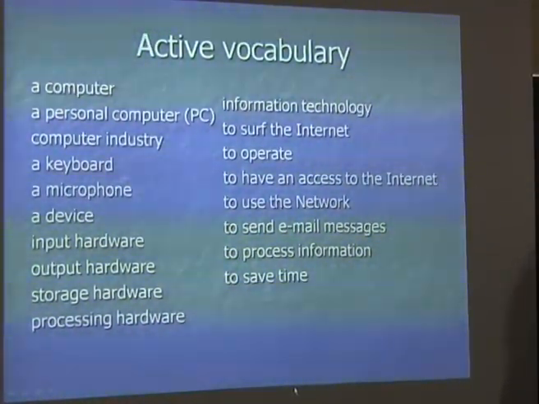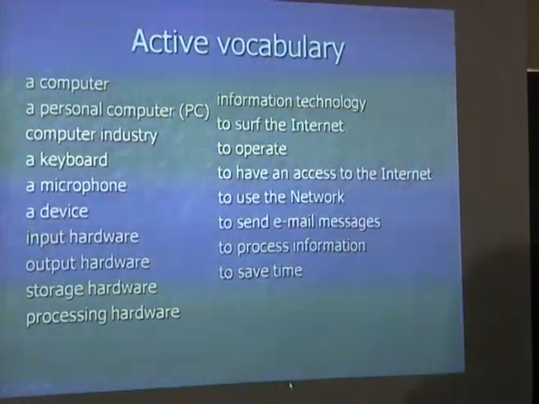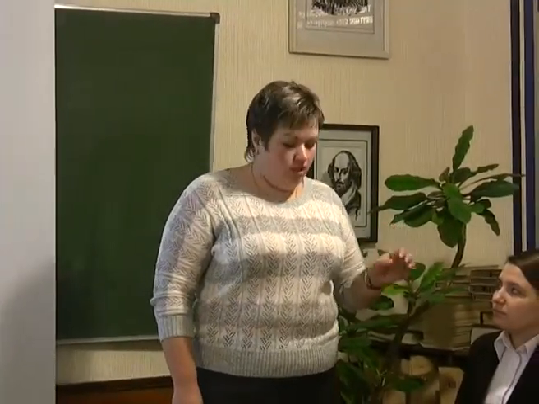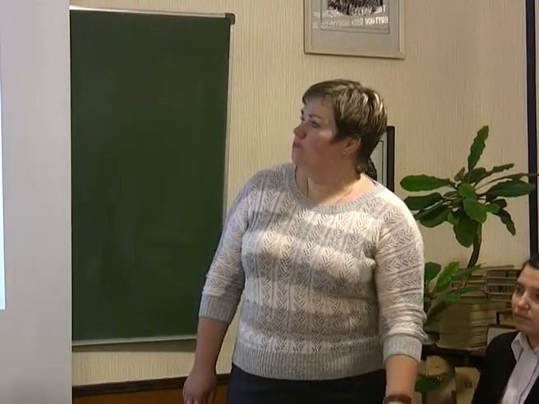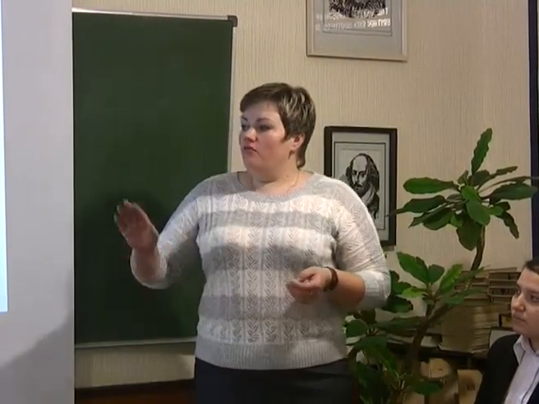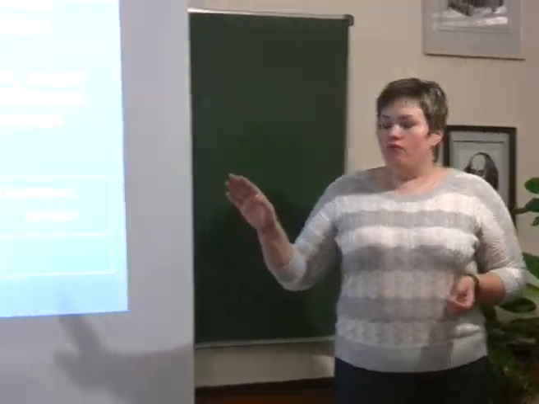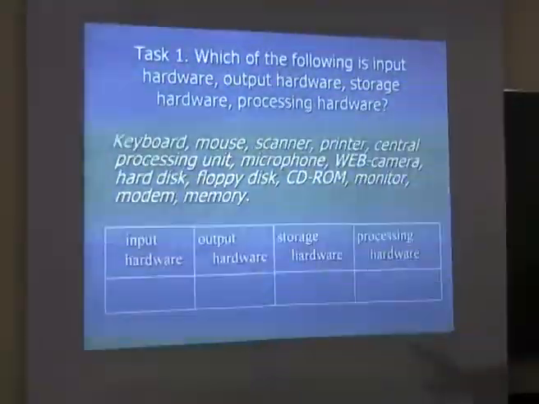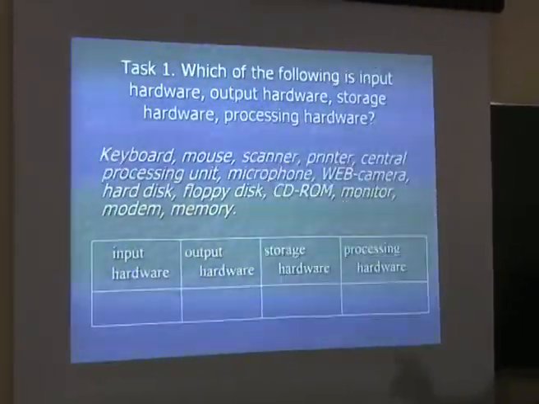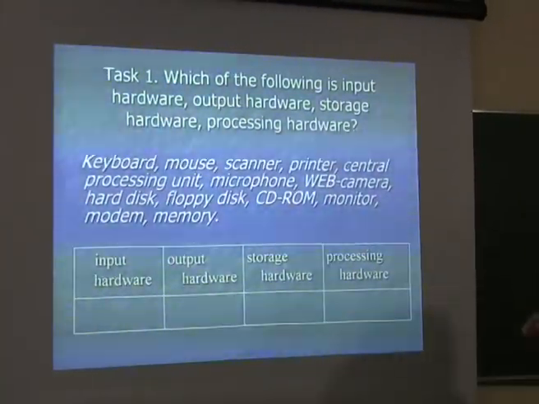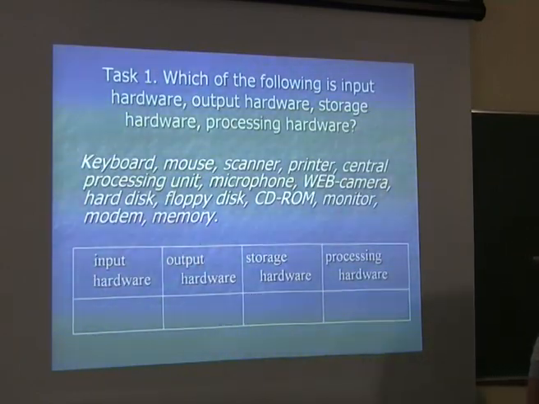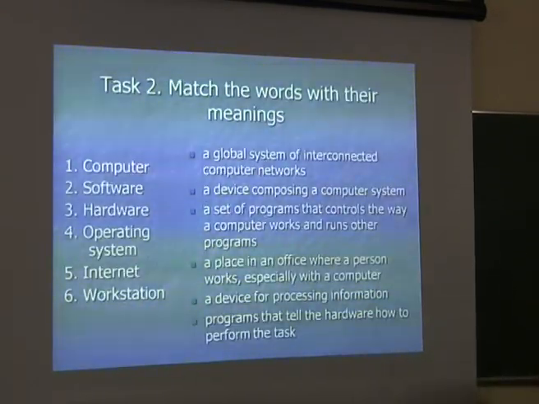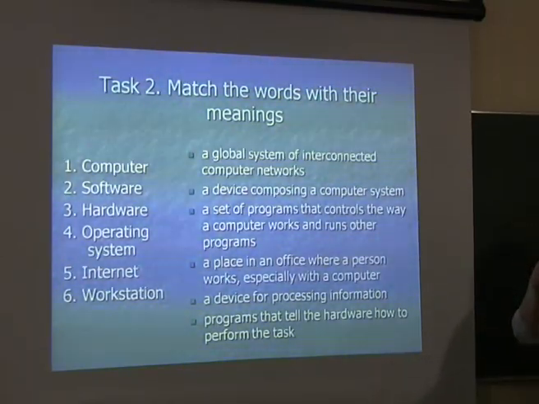So good. Now we are going to work in small groups. So each group will have a different task. So group number 1 divides these words into 4 columns: input hardware, output hardware, storage hardware, and processing hardware. So you will do the first task. Group number 2 will match the words with their meanings.